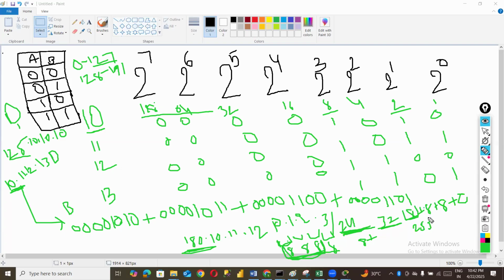So all 3 octets are filled with 8 bits, so 255 dot 255 dot 255. Okay.